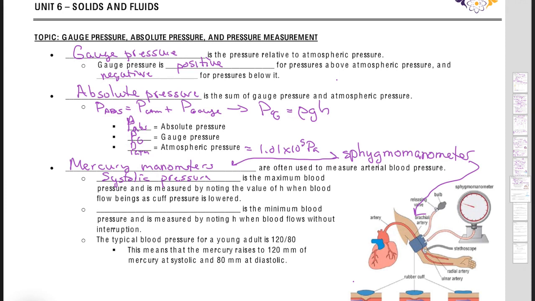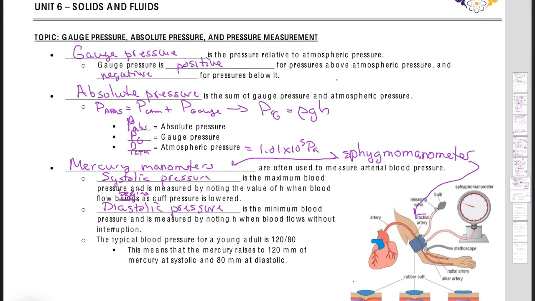Diastolic pressure is the minimum blood pressure and is measured by noting H when the blood flows without interruption. It's like when it gets squeezed, your artery's closed, and then it slowly opens, and they're going to give you numbers like 120 over 80.